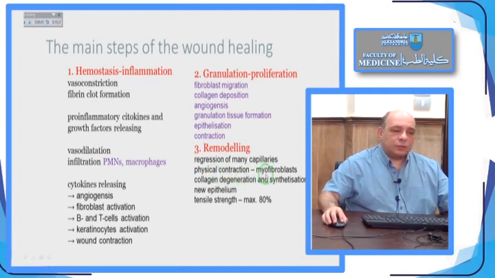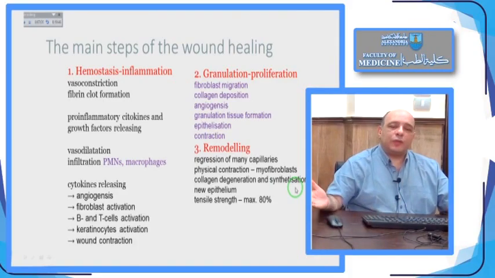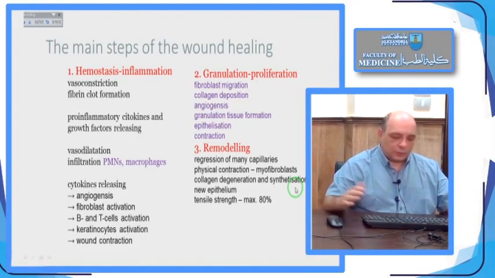Physical contraction by myofibroblasts, collagen degeneration and sensation. Part of the collagen is degenerated, other types of collagen appear more strengthened than the first collagen formed in the wound, and new epithelium is formed. The first epithelium is changed and the new epithelium is formed.